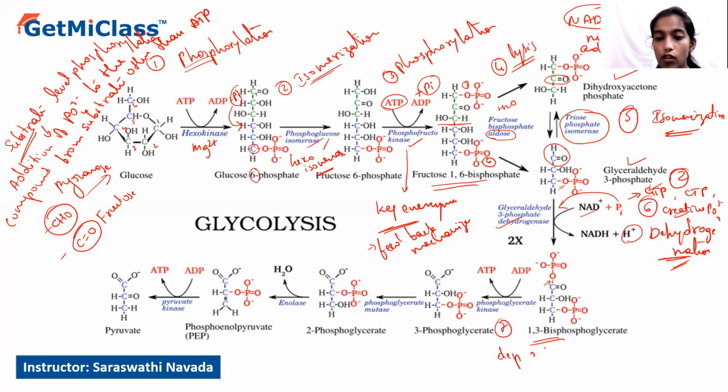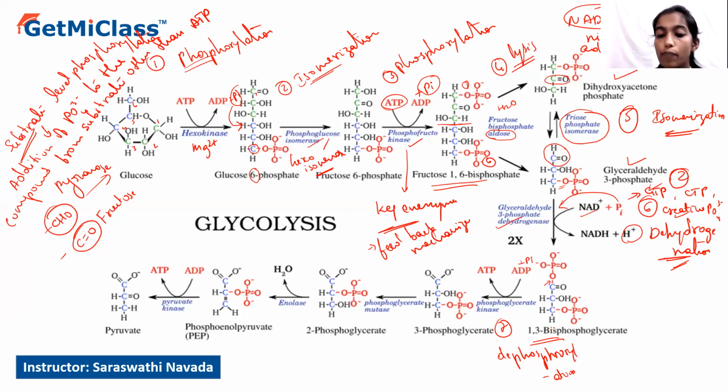And once this 1,3-bisphosphoglyceric acid is formed, the 7th step is called dephosphorylation. So far we have seen the phosphate is added to the substrate. Here dephosphorylation occurs, whereby the phosphate present in the substrate will be removed and added to ADP to form ATP. So in case of dephosphorylation, what happens?